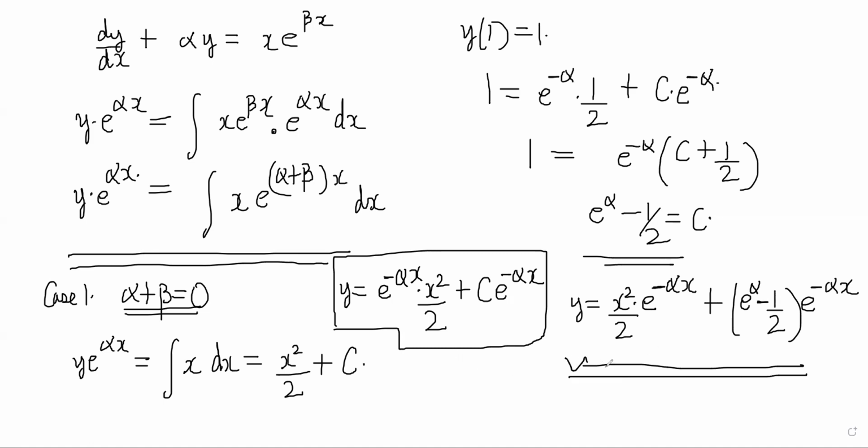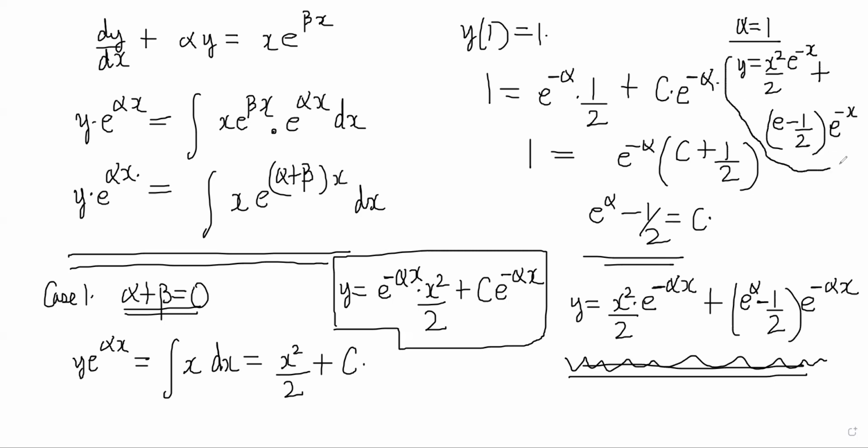Now, this is one of my set of solutions. It clearly depends on the value of α. If you put different values of α, say α equal to 1, you will get y = x²/2 e^(-x) + (e^1 - 1/2) e^(-x). This was your option 1.